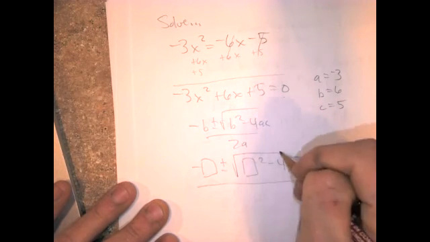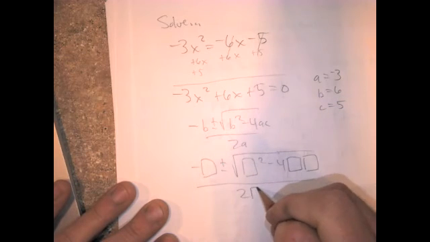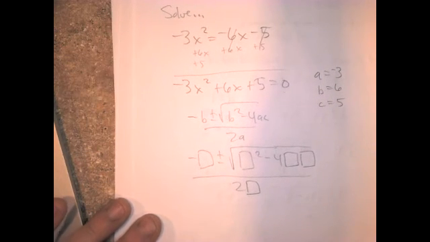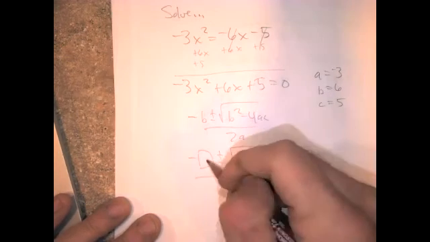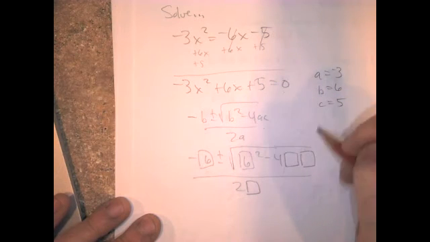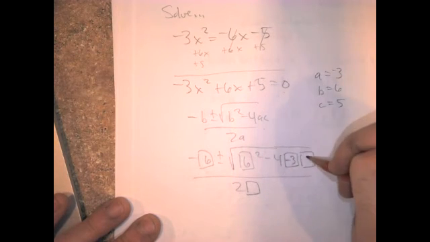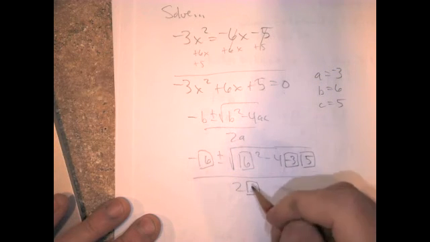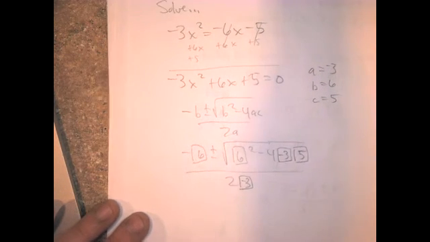You do need to show all your steps on these clearly. Show them out clearly. All right, so -6 plus or minus square root of 6 squared minus 4 times -3 times 5 all over 2 times -3.